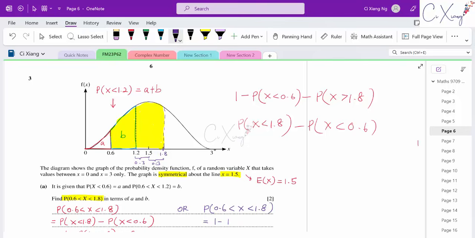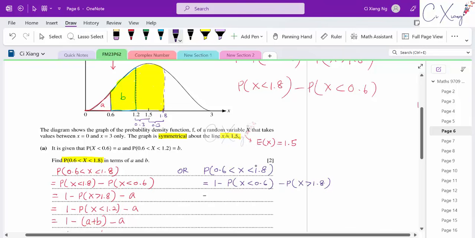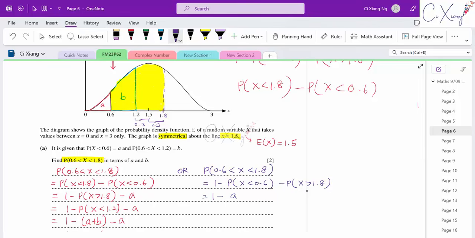So 1 minus x smaller than 0.6 minus x greater than 1.8. Okay, so x smaller than 0.6, basically it is equal to A. It is given in the question just now, right? And for the area greater than 1.8, you should also know that 1.8 and 1.2 are symmetrical lines on the graph.